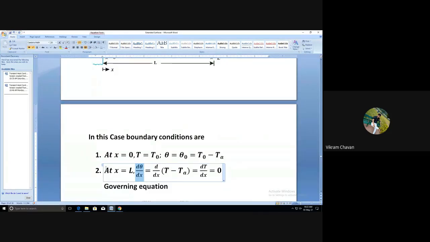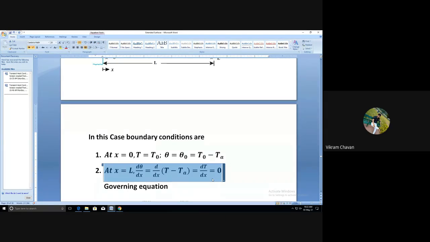So you can write at x is equal to L, d theta/dx equals the differentiation of T minus TA with respect to x, which is equal to dT/dx.